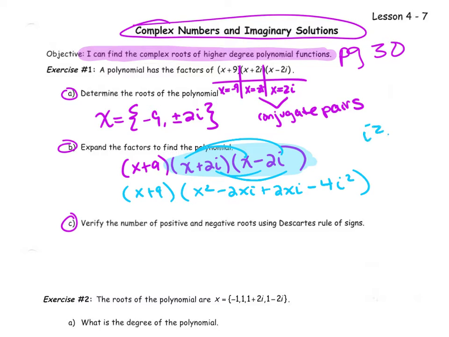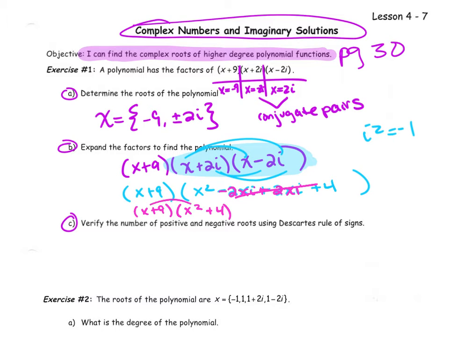Remembering i squared is negative 1. So this is negative 4 times negative 1. So this is really plus 4 here. So I'm just going to write that. And notice the negative 2xi plus 2xi, these terms cancel. So we're left with x plus 9 times x squared plus 4.